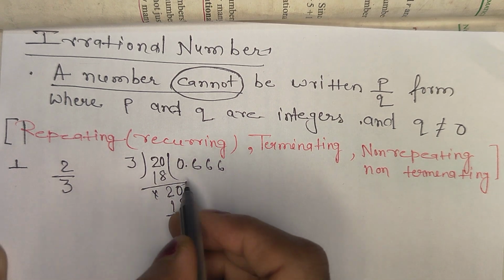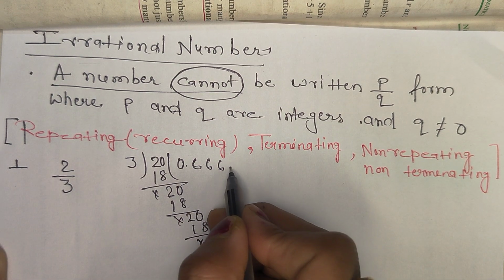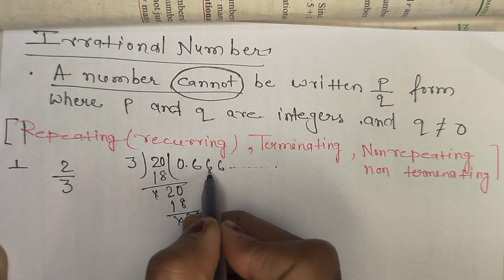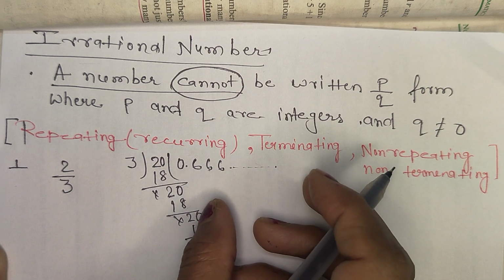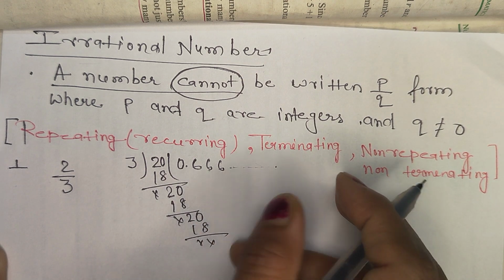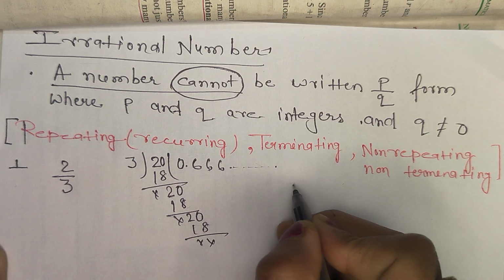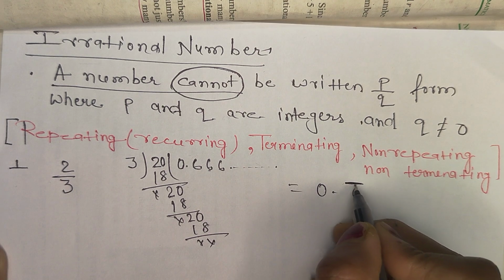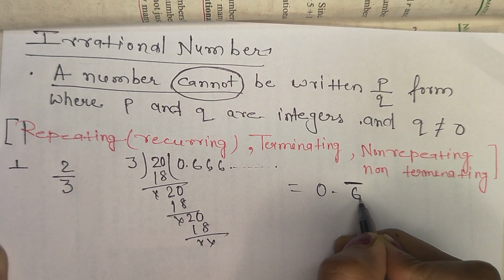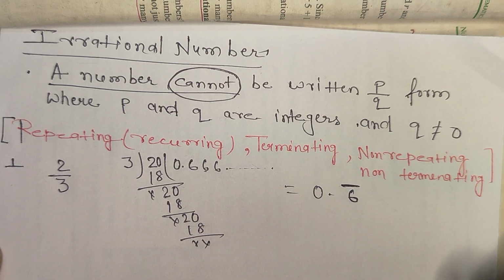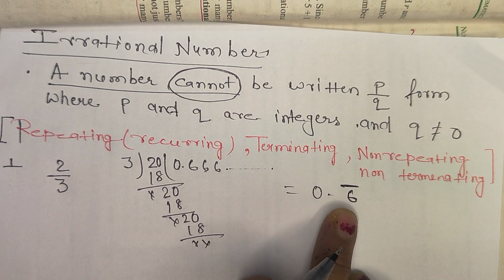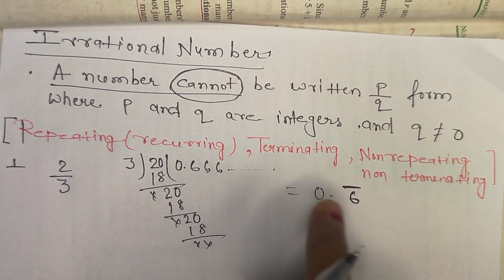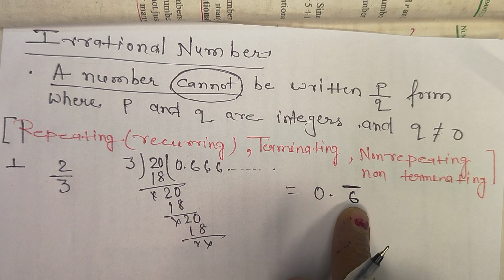When you see this number is repeated multiple times, the digit 6 is repeated multiple times, so you can write this number like that. Bar, we call this line a bar. Bar on 6, because the digit 6 is repeated multiple times, then you take the bar on the 6 digit.